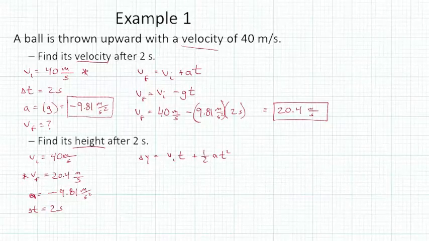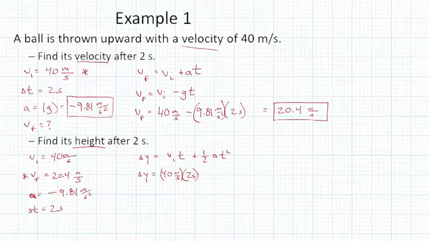Once again, we're going to plug in our values for initial velocity, time, and acceleration, and that'll help us to solve for our y displacement. So our initial velocity is 40 meters per second times time, which is 2 seconds.